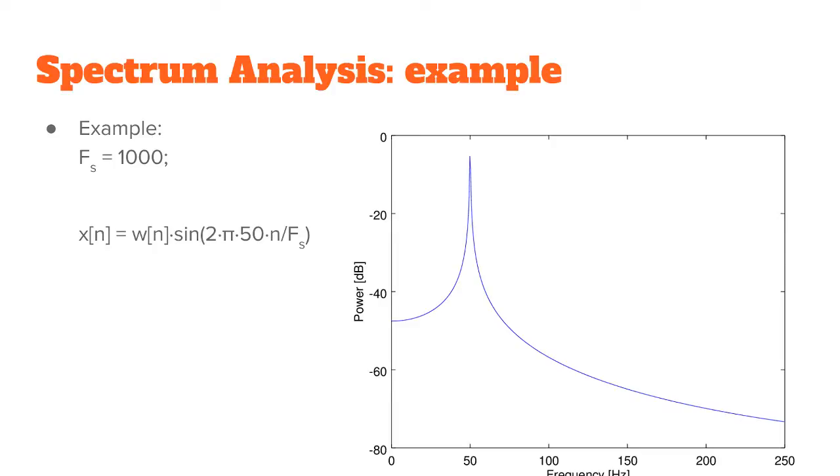Mathematicians have found that a multiplication like this is the same as a convolution in frequency space, meaning that you get a peak from the sinusoid, and this envelope comes from the Fourier transform of the window function, which you always have since you have a limited number of points.